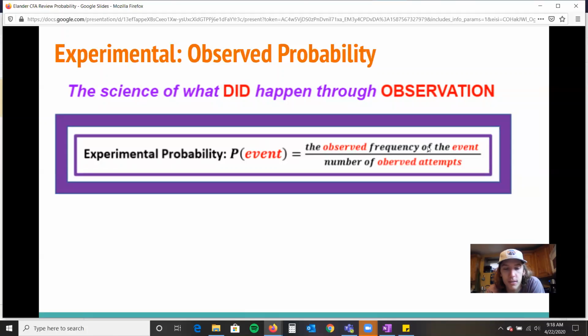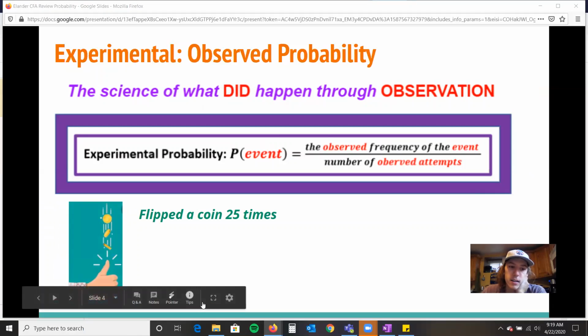So for example, the probability of getting heads: it happened 7 times out of a total of 10 flips. So the probability would be 70%, because that's the experimental probability. We know a coin's theoretical probability would be 50-50, but in that case we flipped it, and 7 times we got heads, so that would be 7 out of 10.